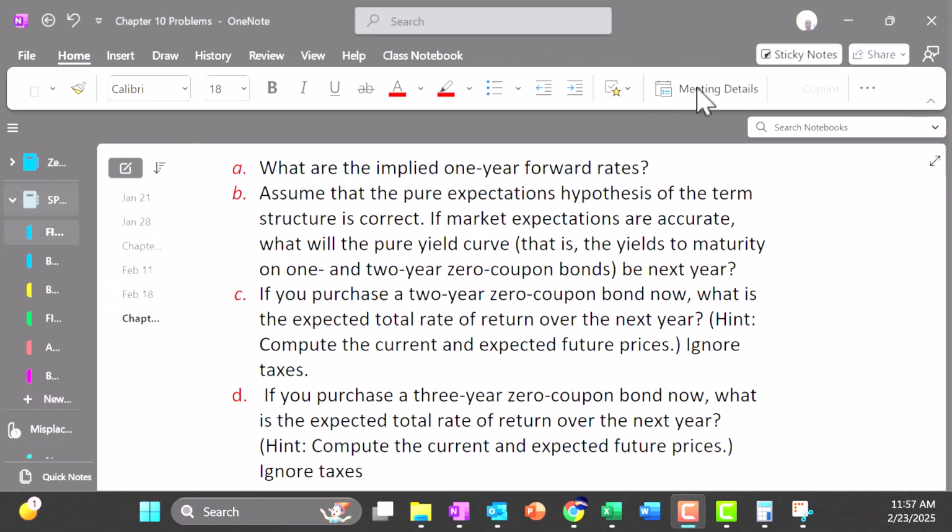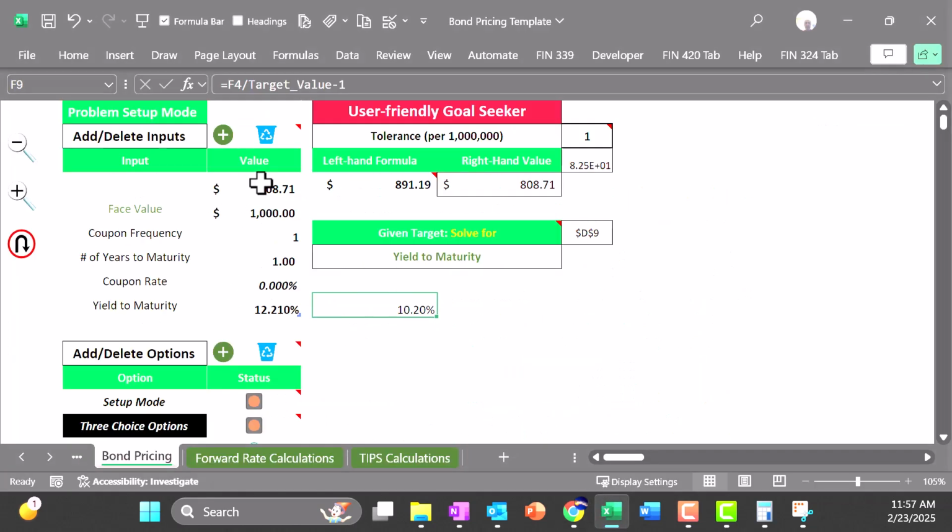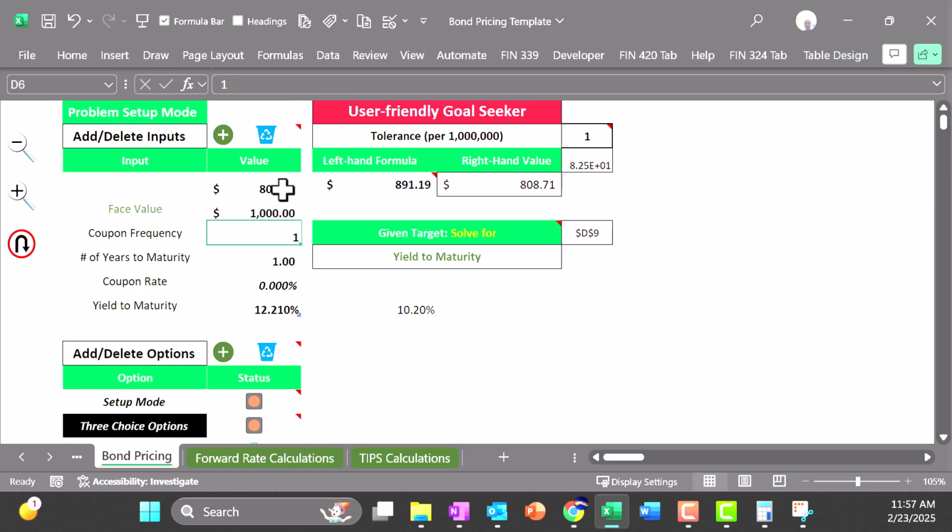Part D asks a similar question, which is if you purchase a 3-year zero coupon bond now, what is the expected total rate of return over the next year? Well, we're going to do similar calculations. Currently, the yield to maturity of 3-year bonds is 12.20.